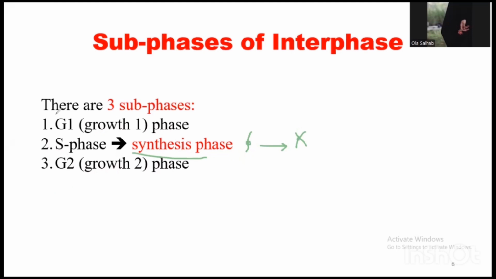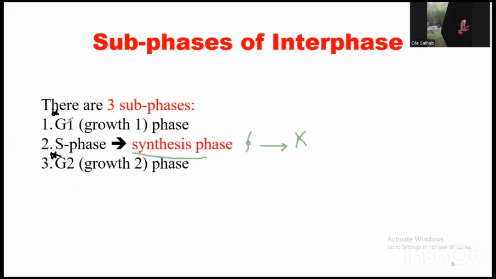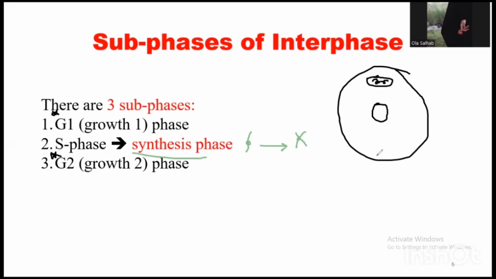Good. But what about G1 and G2? Actually, in these phases, the cell becomes bigger in size. All the organelles inside the cell, the cell has a nucleus, and also we have some organelles inside of it, such as mitochondria, Golgi body, etc. And these organelles will increase in size and in number because we are going to divide the cell.